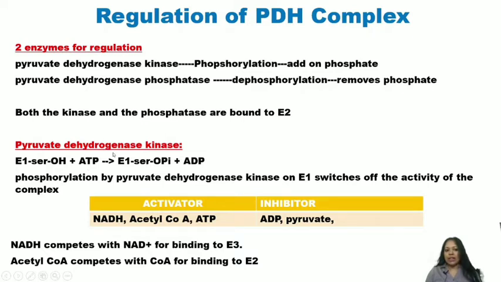So the kinase present on the E2 subunit of the PDH complex phosphorylates the E1 subunit. Clear? This phosphorylation of E1 by PDH kinase switches off the activity of this complex. Got it? This enzyme is responsible for turning off the complex.